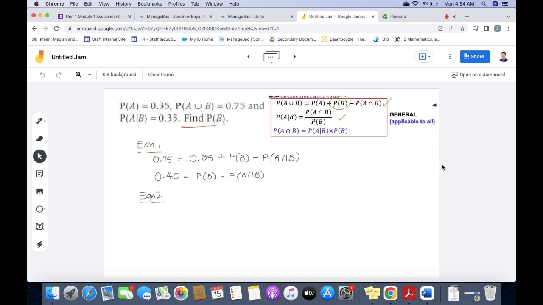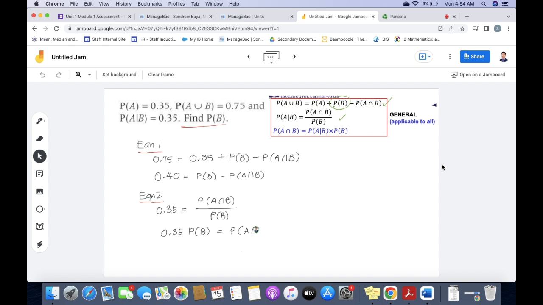We have the probability of A given B, which in this case is 0.35, equal to the probability of A intersection B over the probability of B, which we can modify so that we don't see any rational expression. We have 0.35 times the probability of B is equal to the probability of A intersection B.